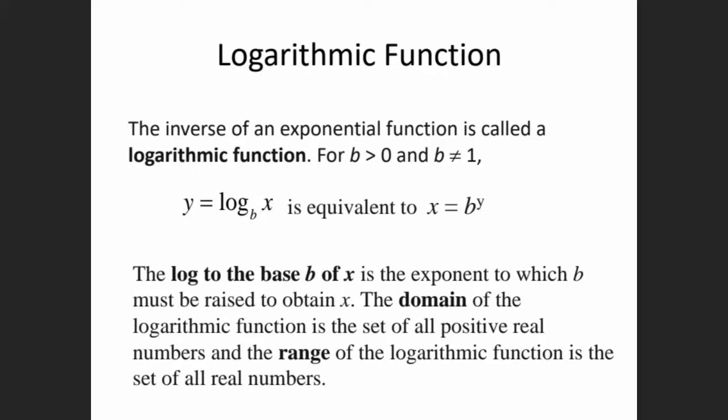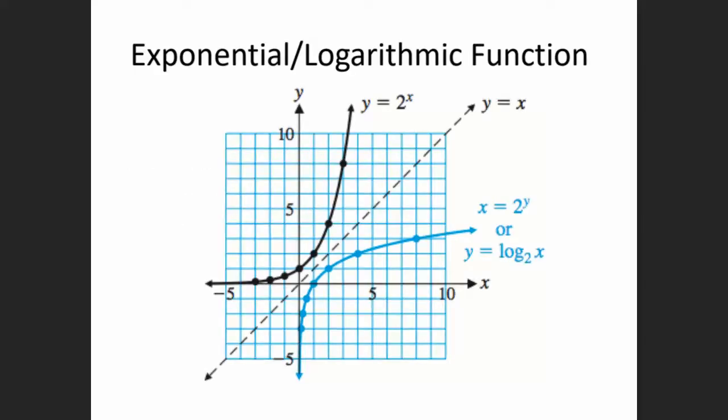So let's look at this in a little more detail, back to back. What I drew here are my parent exponential function and my parent log function. My parent exponential function has a horizontal asymptote at y equals 0. It's continuous and its y-intercept is at 1.